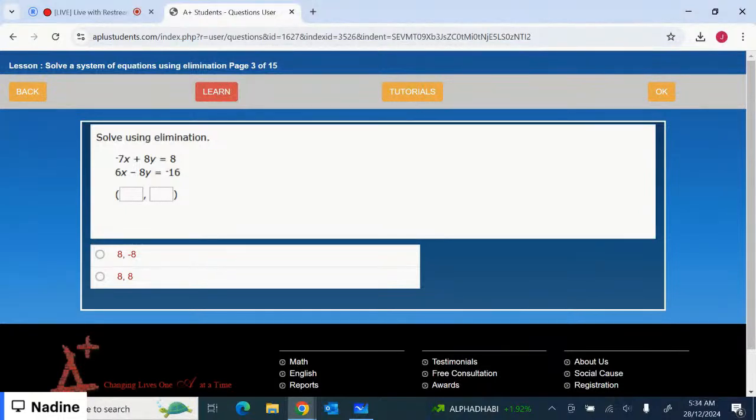Solve using elimination. So simply add both the equations.